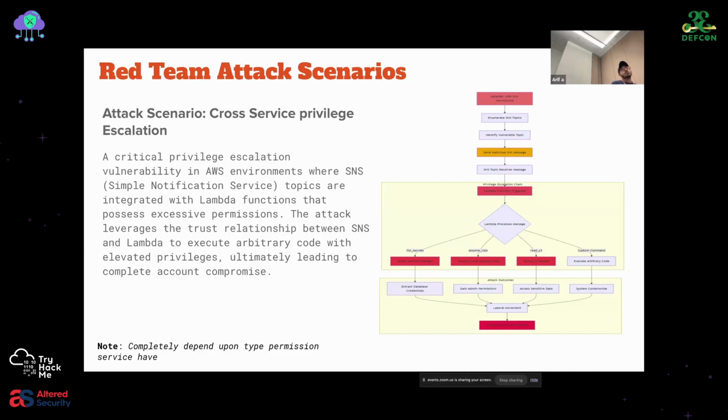Absolutely. So ideally Lambda does, because Lambda is the service. It's just an ideal condition, right? Lambda is just serverless, so they try to execute something. They try to write in the DB.